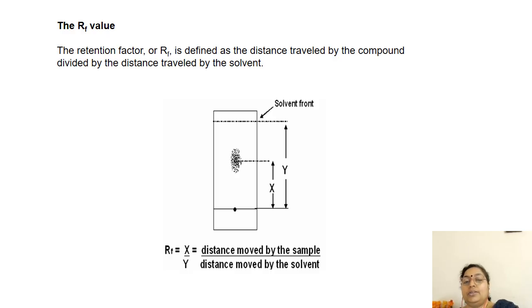Then you have to mark the spots as explained earlier. Then find out the distance moved by the sample from the point of application. Similarly, find out the distance moved by the solvent. The distance moved by the sample divided by the distance moved by the solvent will give you the RF value.